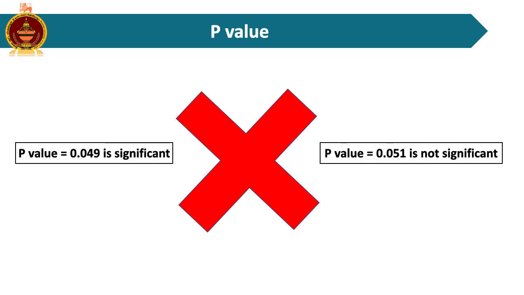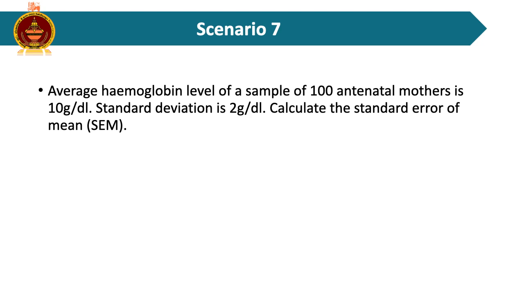The researcher or the expert panel has to decide whether this slight difference in probability value can be considered non-significant. If the research was done with a low sample size, definitely this 0.051 is going to be a significant result.